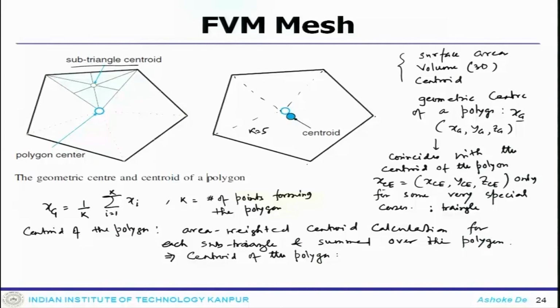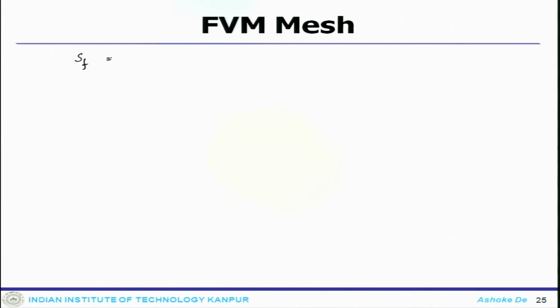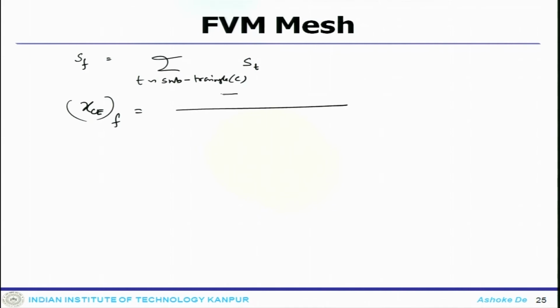If you write down the mathematics, your SF is the summation of the sub triangle areas ST, and XC for this would be the summation of XCT dot ST divided by SF, summed over the sub triangles.